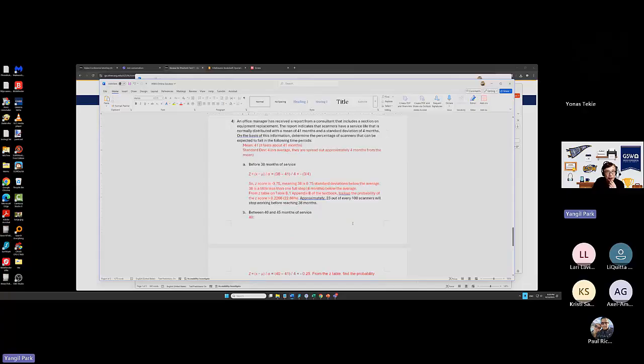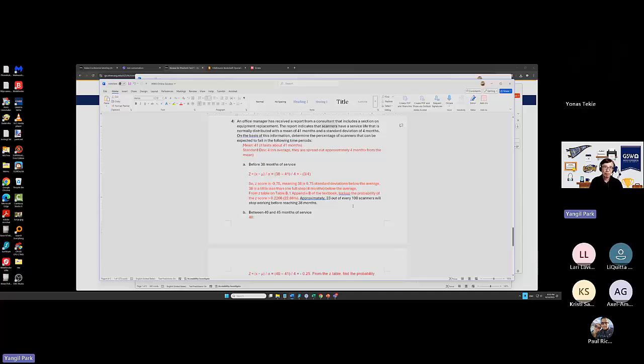So that was question 3. Question 4. Question 4 is more of a normal distribution question. An office manager received a report from a consultant that includes sections on equipment replacement. This is a matter of scanners. A scanner has a lifetime, and this particular service is trying to help customers before the scanner reaches its lifetime.